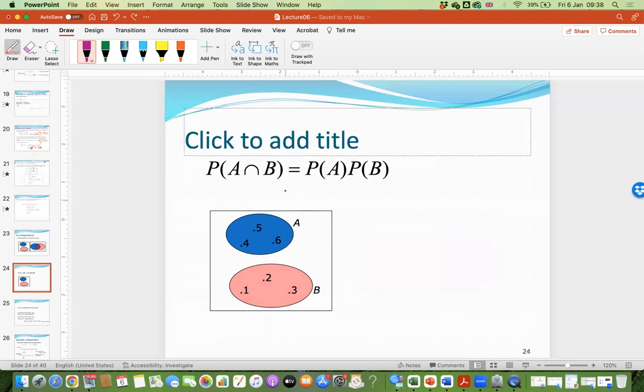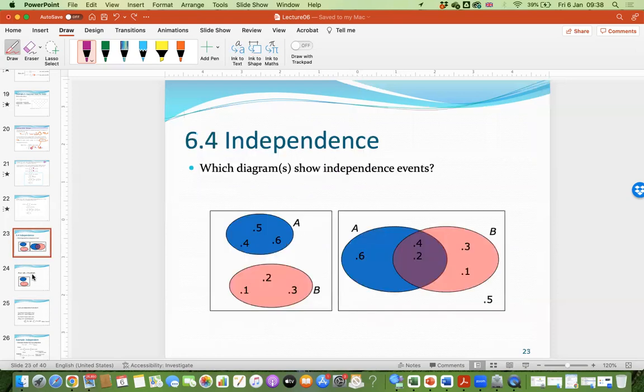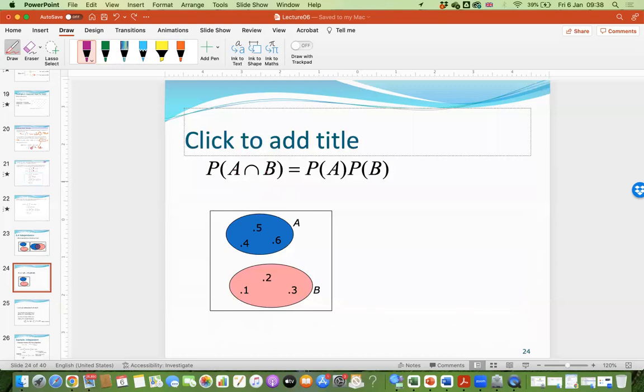Same thing: they are independent if and only if P(A and B) equals P(A) times P(B).